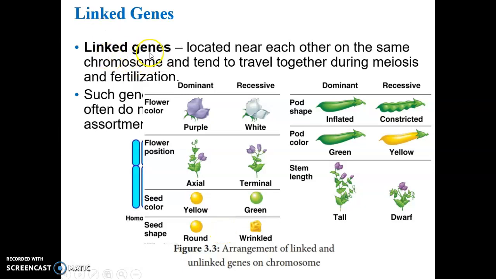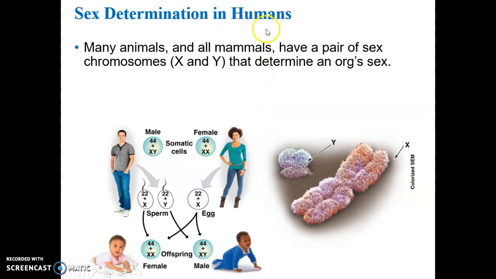None of them were linked genes or linked alleles on the same chromosomes. So he got lucky that every single characteristic he looked at was based on genes on separate chromosomes, which is why they were able to completely separate during meiosis.